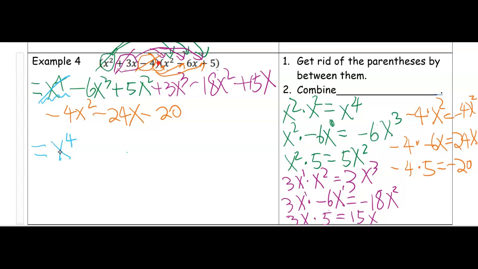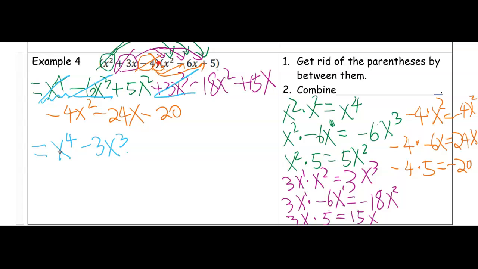Okay. Next one is x to the power of 3, and you'll see another x to the power of 3. Combine them by adding the number in the front. So this is negative 6 plus 3, which gives you negative 3x to the power of 3. Okay.